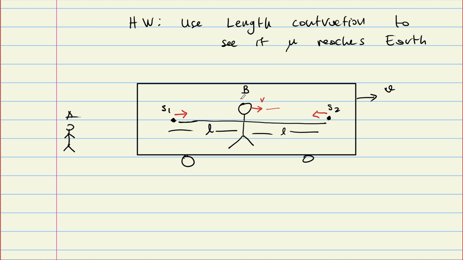That's the reasonable thing. But on the other one, the bullet and the target move towards each other, according to A, right? Then common sense says S2 should reach B first, and then S1 should reach B. No? Why no? I don't know.